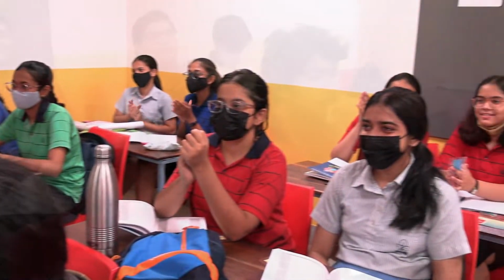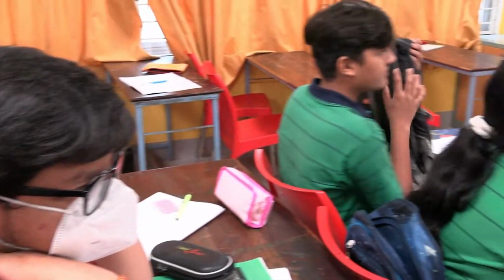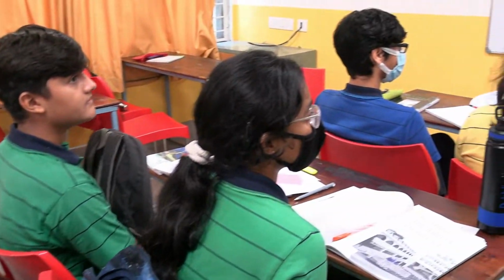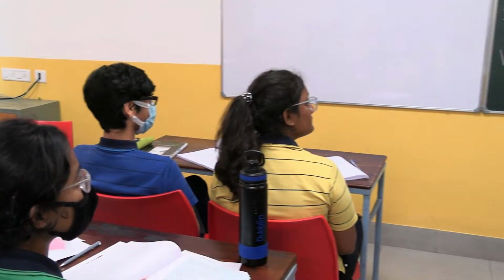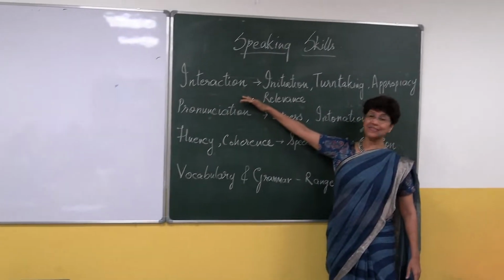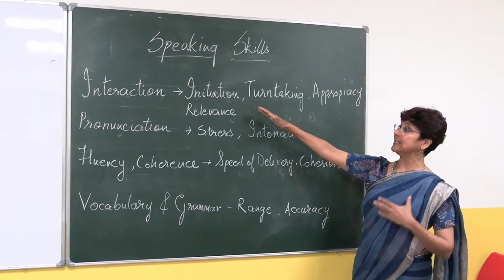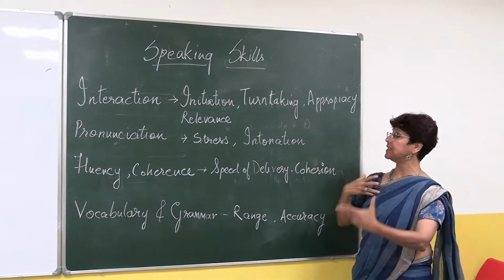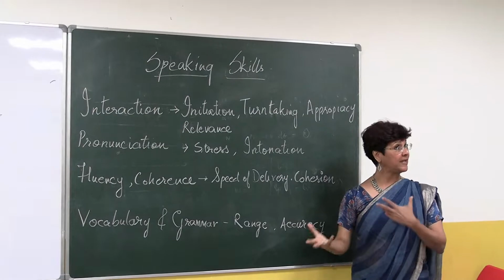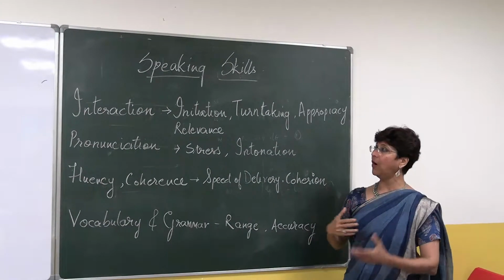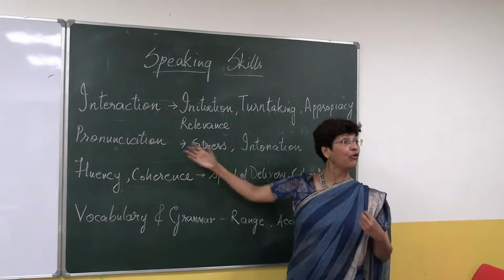Fantastic or fabulous, sir? So I want you to grade your peers, this group, on a scale of 0 to 5. Was there interactive competency? Did they initiate, did they take turns, were they on point for taking turns, or did they hum and haw? Did they take care of their intonation?